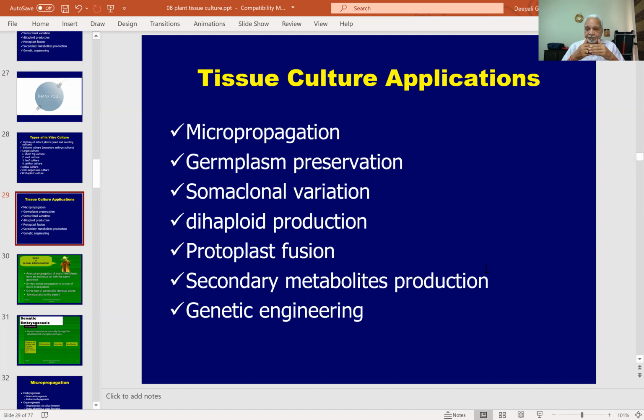For example, you can see micropropagation is one application of basic tissue culture technique of somatic embryogenesis and organogenesis, germplasm preservation, somaclonal variations, dihaploid formation, and then ultimately genetic engineering.